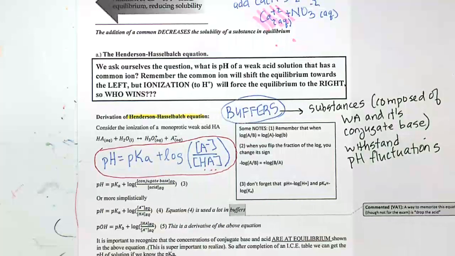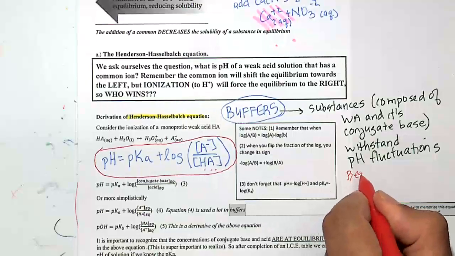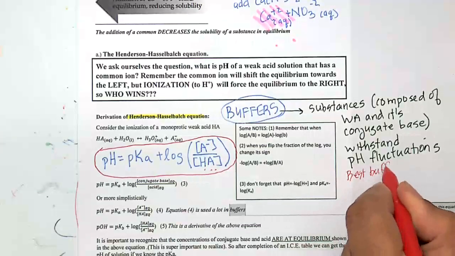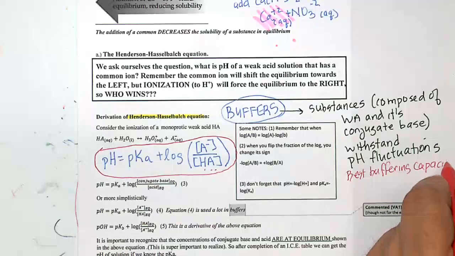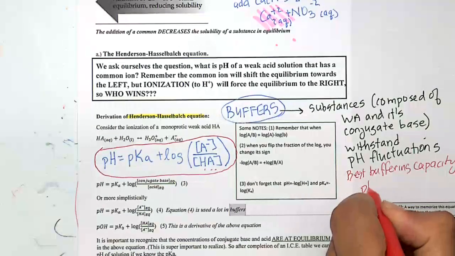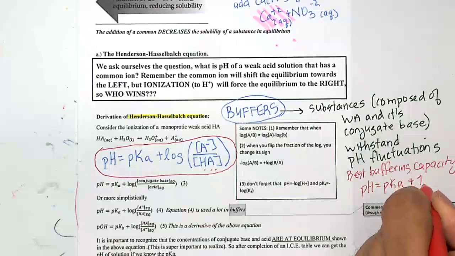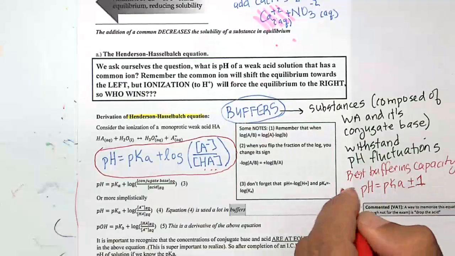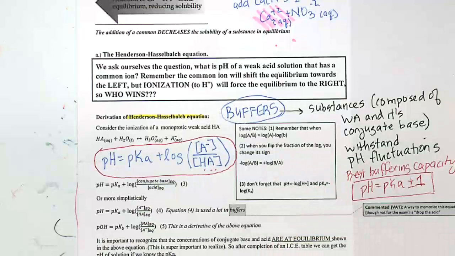Okay, we have something called buffering capacity. The best buffering capacity is where pH equals pKa plus or minus 1.